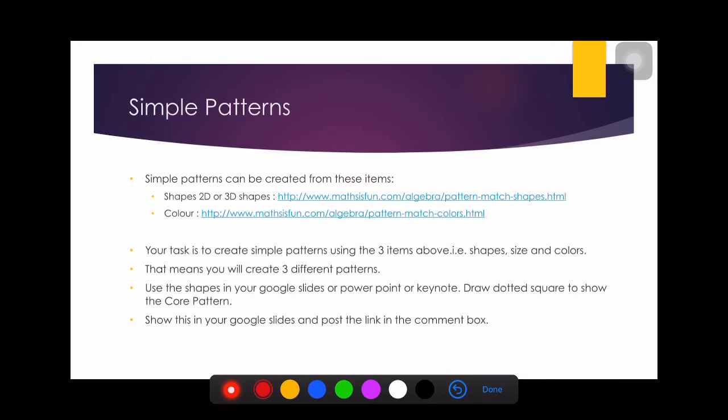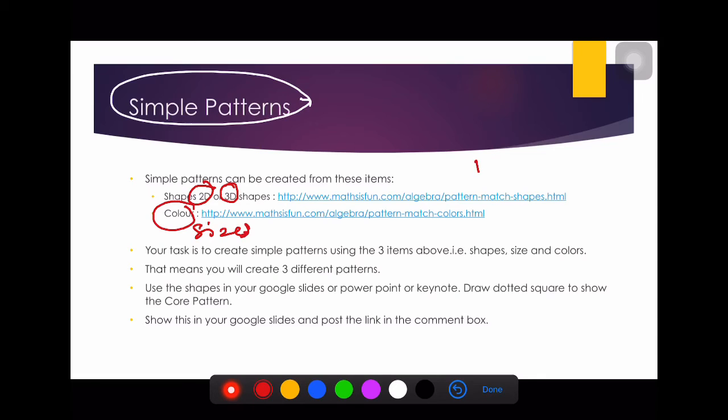So what are simple patterns? Simple patterns are created from 2D shapes or 3D shapes and colors, and sometimes sizes. So it could be a small square, a big square, a small square, a big square.